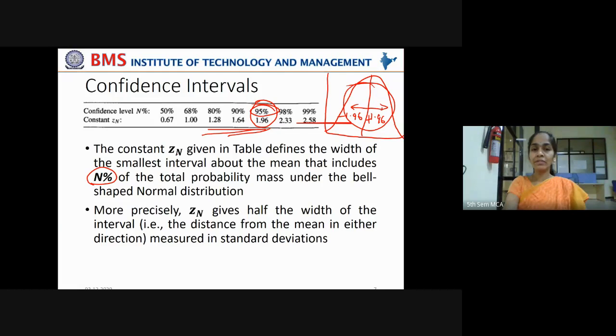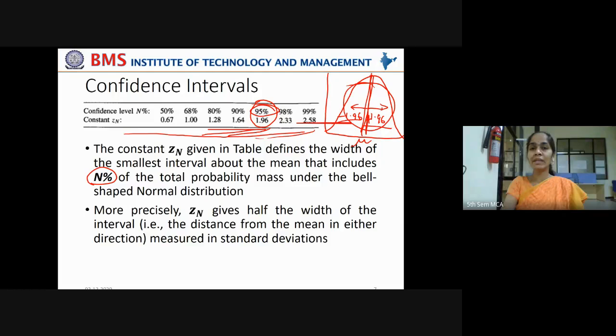Now read this: the constant Zn, that is the second row values given in the table, defines the width of the smallest interval, plus or minus, about the mean. This is the mean, right? This is mu. About the mean that includes n% of the total probability mass under the bell-shaped normal distribution. More precisely, this Zn gives half the width of the interval, either minus or plus.